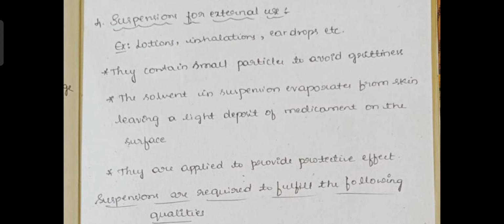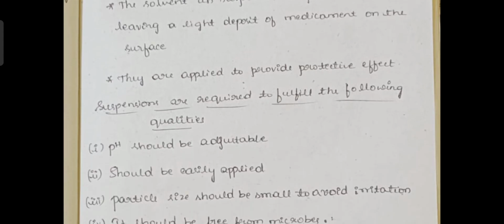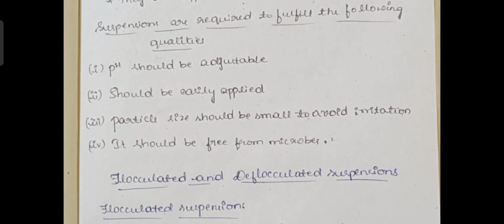The solvent in the suspension evaporates from the skin surface, leaving a light deposit of medicament on the surface. When lotions or ointments are applied over the skin surface, the solvent gets evaporated and only the drug medicament layer is left on the skin surface. They are applied to provide a protective effect to the skin surface. These are the suspensions for external use.